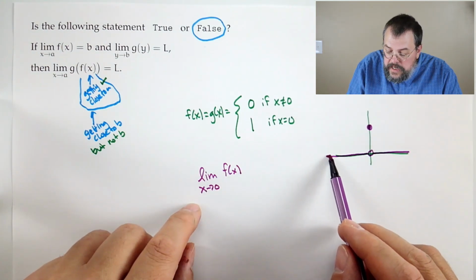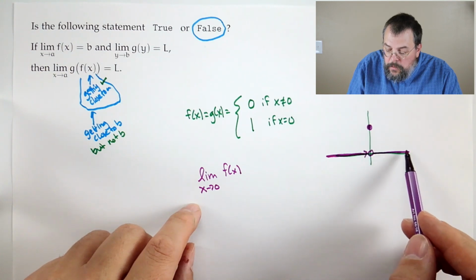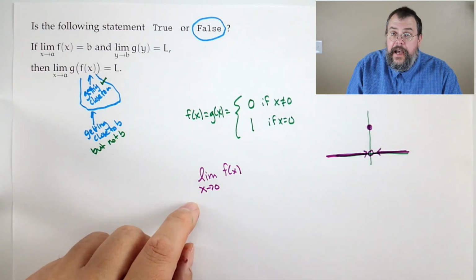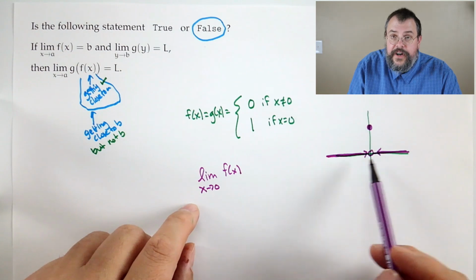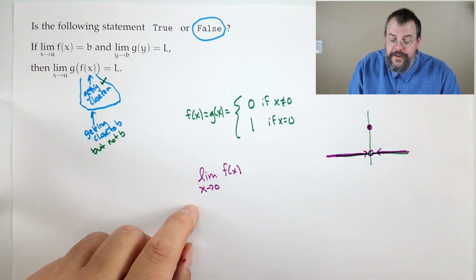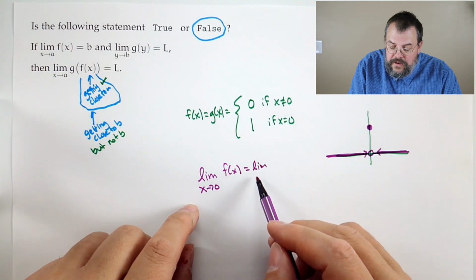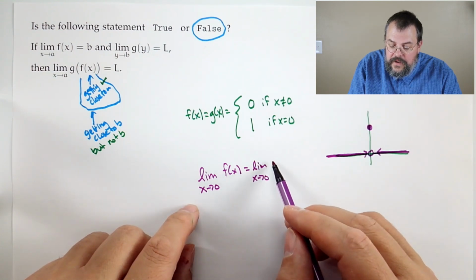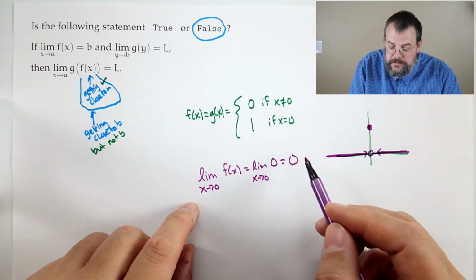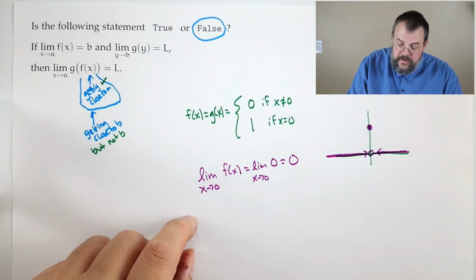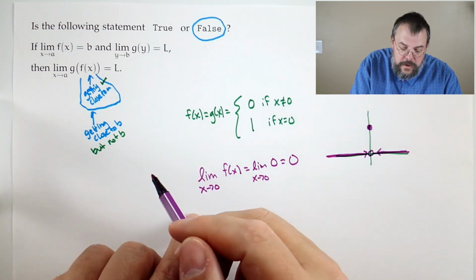Well, as I'm approaching 0, what is the function doing? Well, it's always 0. And so this is really the limit as x goes to 0 of 0, which is 0. Okay, so now what have we done?